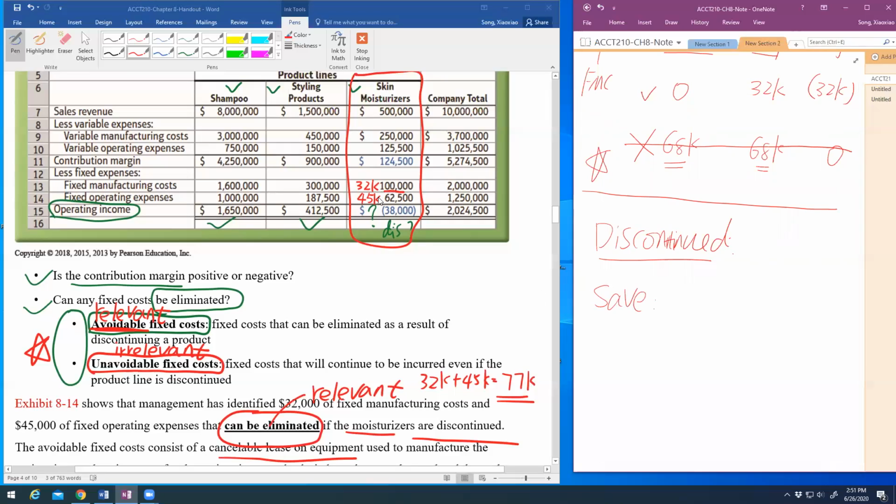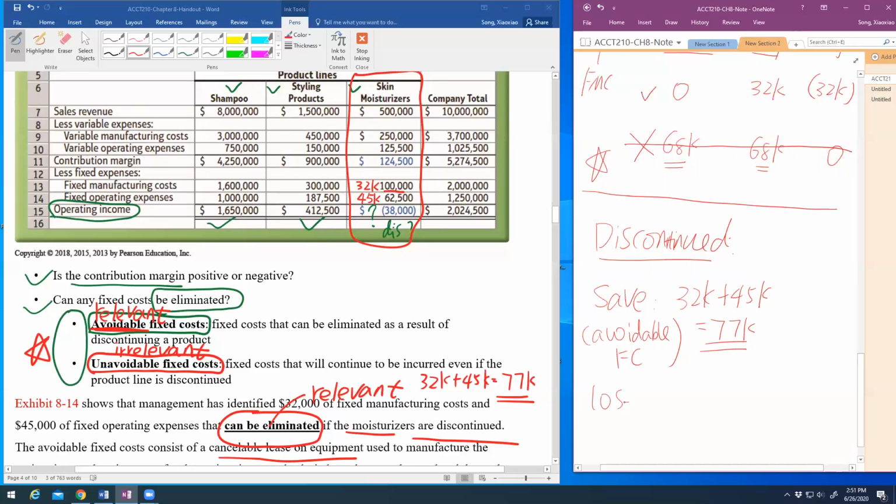We can avoid, we will save 32,000 plus 45,000 from the fixed cost. So in total we can save 77,000. This is just the avoidable fixed cost, right? We can save 77,000.